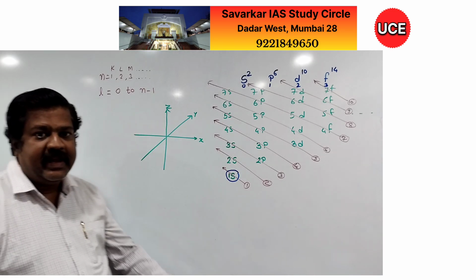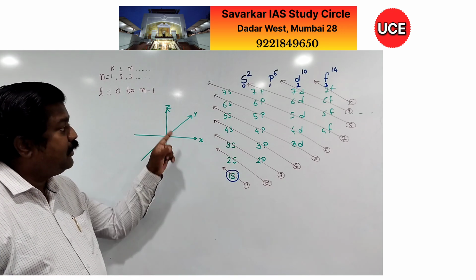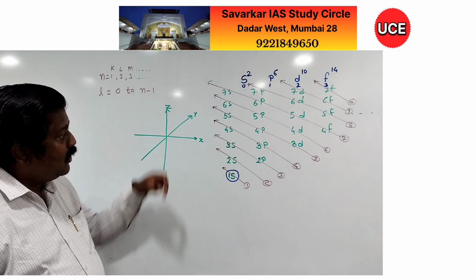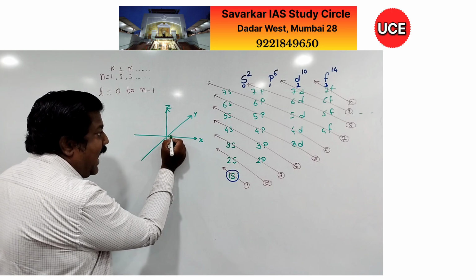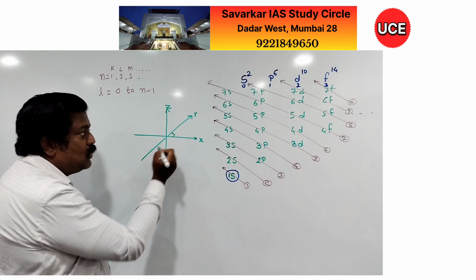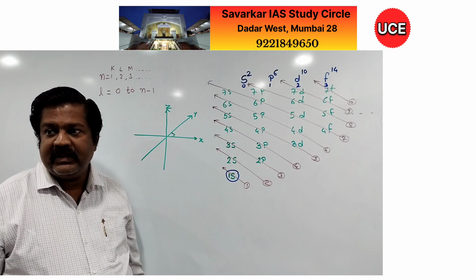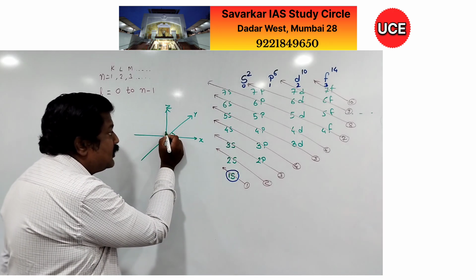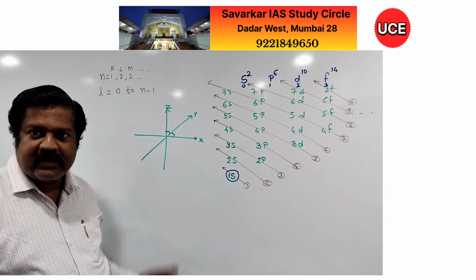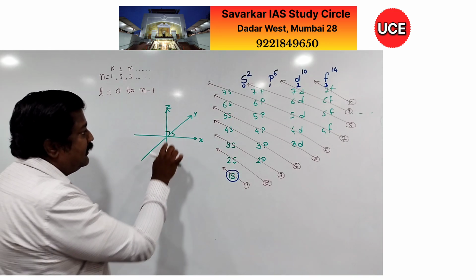But I can't show 3D, and therefore I am showing only 2D. That's why I am tilting it. Don't say this is an acute angle. This is also 90 degrees, that is perpendicular. This is also 90 degrees. Okay, just imagine this is three-dimensional.